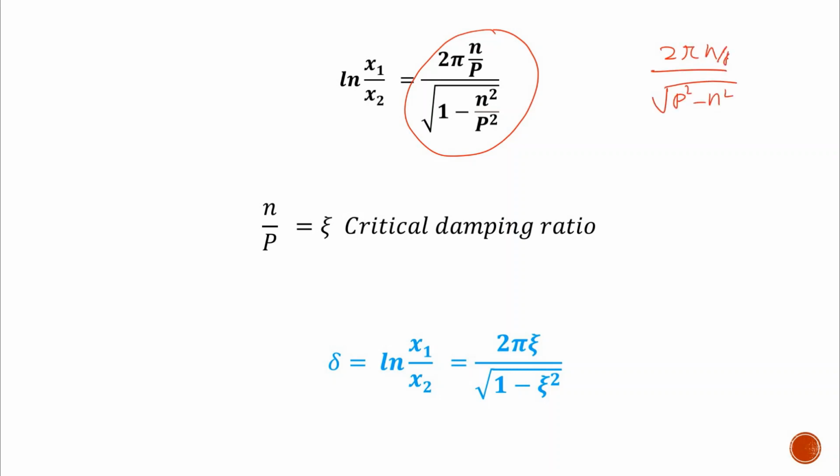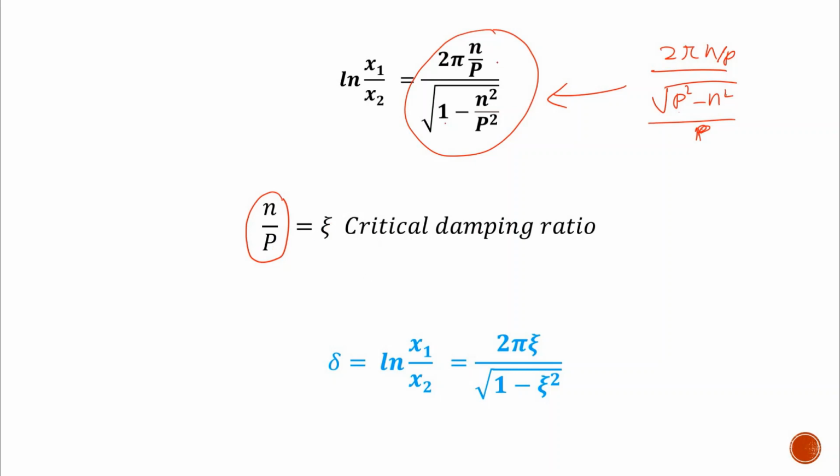When I divide both terms with p, it becomes 2π into n by p, by root of p; when p gets inside the root it becomes p square, so p square by p square, which is 1, minus n square by p square. Now I am naming this n by p. n by p is known as the critical damping ratio, indicated by the term zeta. So n by p is zeta, which is the critical damping ratio.